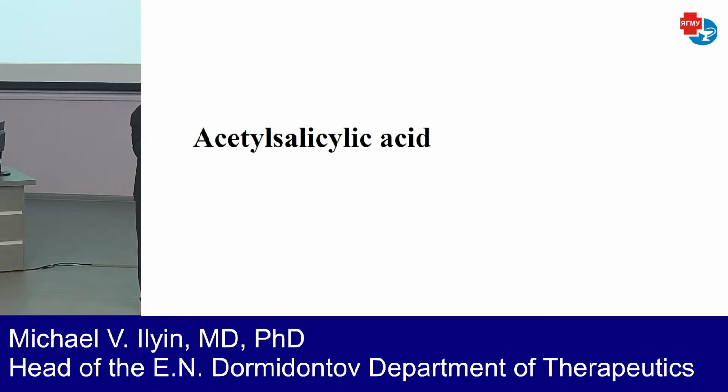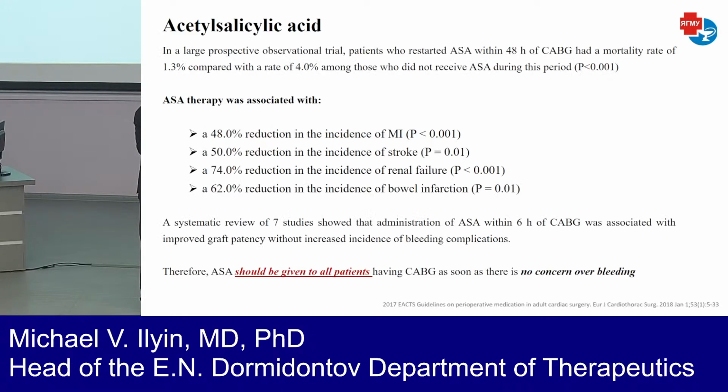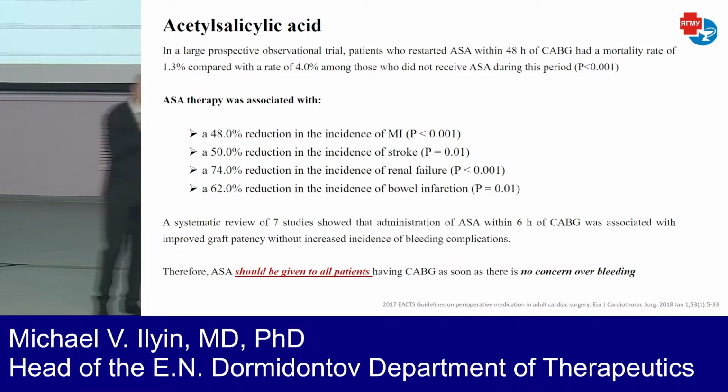And we start with acetyl salicylic acid. It's a widely prescribed medication. What about acetyl salicylic acid? In a large prospective observational trial, patients who restarted ASA within 48 hours of CABG had a mortality rate of 1.3% compared with a rate of 4.0% among those who did not receive ASA during this period.